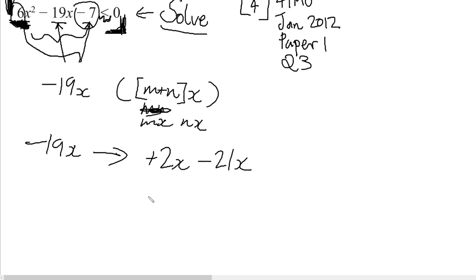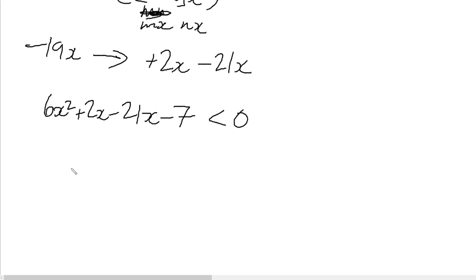Well, the reason you're doing this is because when you write it out in full, 6x squared plus 2x minus 21x minus 7 is less than 0. You might actually notice that it's suddenly gotten so much easier to factorize, because on this side you can factor out a 2x term, so 2x times, 6x squared divided by 2x is 3x, and then 2x divided by 2x is 1, so you have 3x plus 1 here.